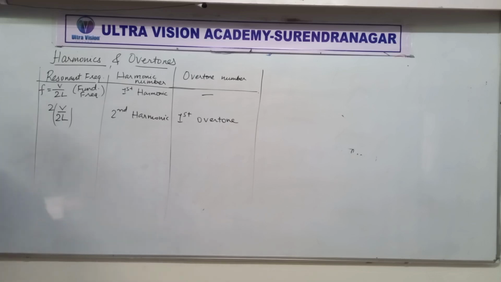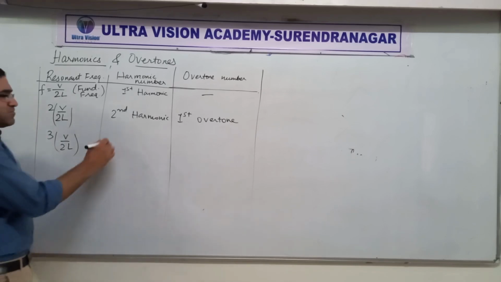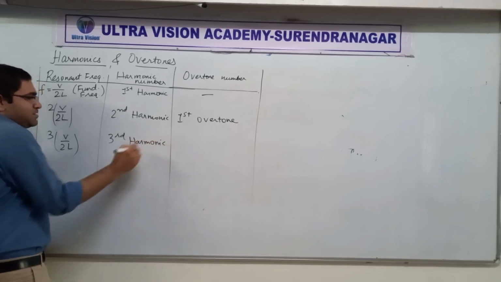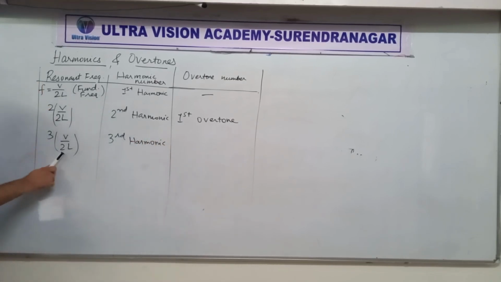Then, the third resonant frequency according to our pattern would be 3V by 2L. Then that would be third harmonic, because this is 3 times fundamental frequency.